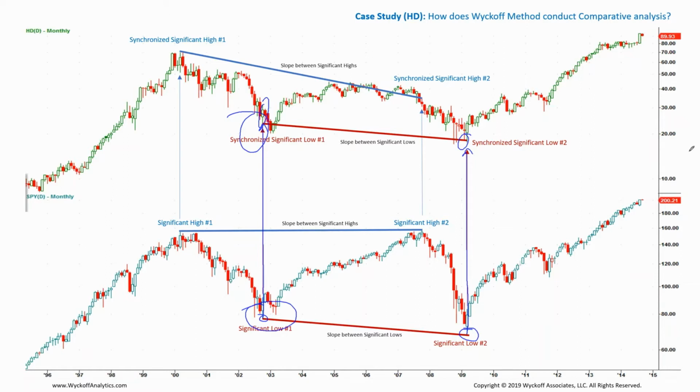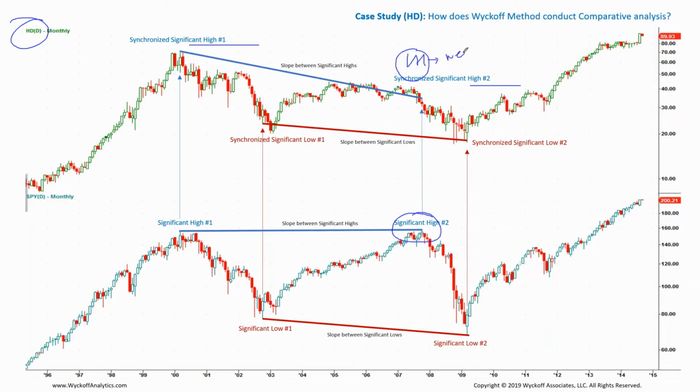And it's very clear to me that in the case of significant highs, where we have a lower high for Home Depot and we have kind of like a flat high for the market, this lower high suggests that the stock is weaker at this point. Please note that even though it's weaker, we don't know exactly what would be the behavior of institutions at the next low.